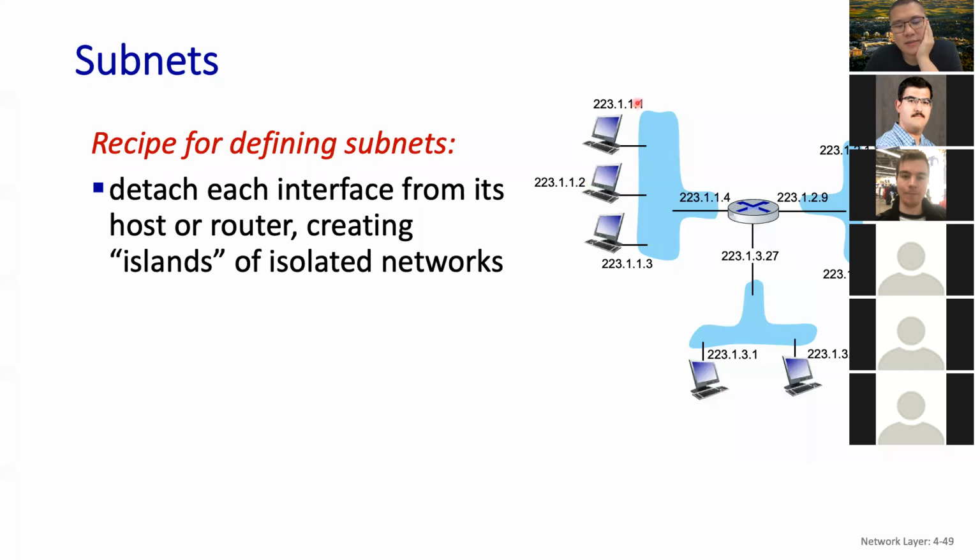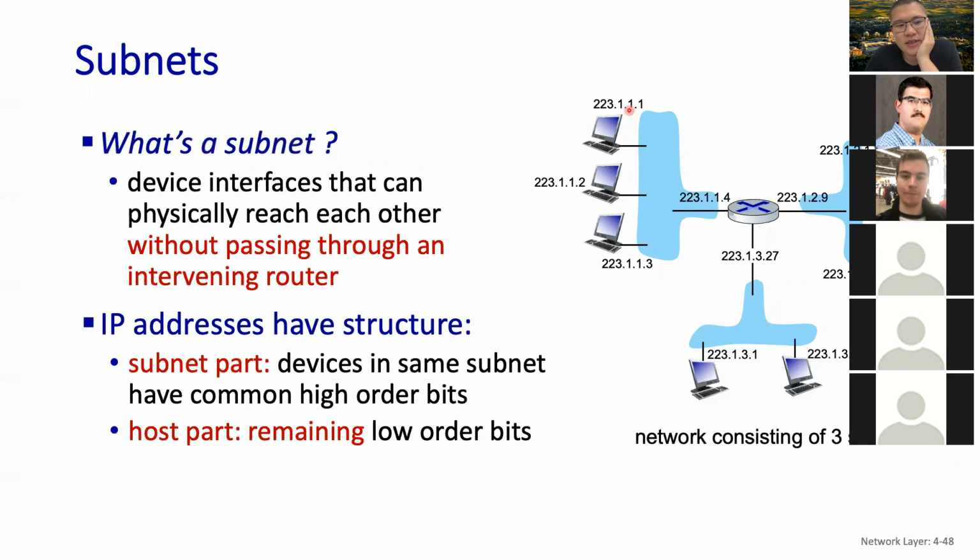In this case, only the last bits are different. The first 24 bits are the same. As we mentioned in the last slides, the first 24 bits, the subnet part, would be the same, and for the host part, only the last 8 bits are different.